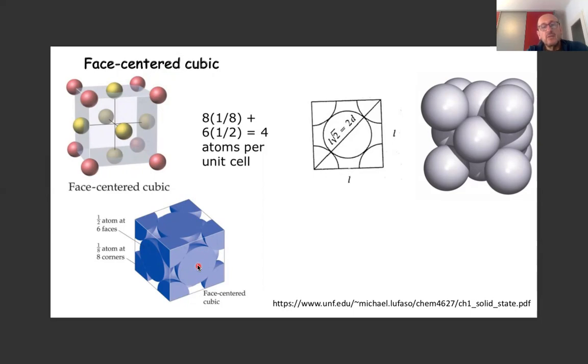So you have 3 atoms coming from that, plus 1 atom from the corner. So in total, you have 4 atoms per unit cell in this case. This is the calculation done here in the corner. And here are some dimensions associated with this that you have to be careful to calculate if you actually need to calculate distances inside and whatnot. Okay.